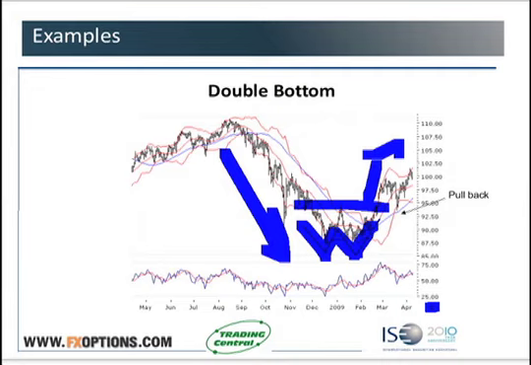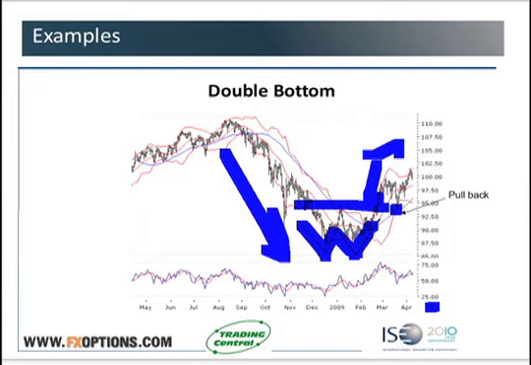And either you can buy when the neckline is broken up at this stage, or you can wait for a pullback, in this case on the new support. So the neckline in the case of a double bottom is a resistance, and as you have seen before, a resistance, once it is broken, becomes a support.